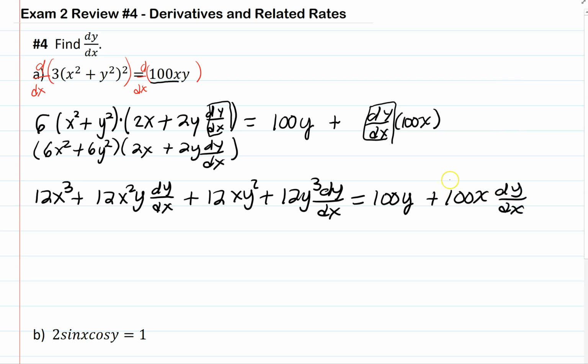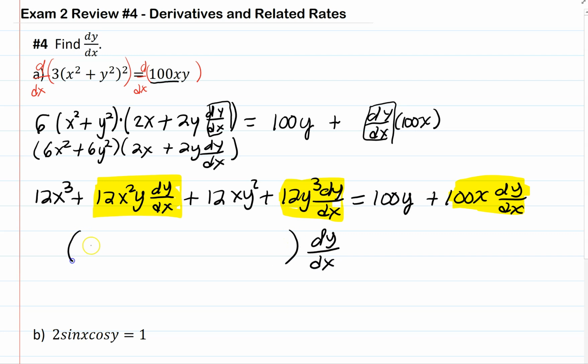Okay, so we notice the terms that have to do with dy dx, which would be this one, and this one right here, and this one here. We'll get those on one side, everything else on the other, and then we can factor out the dy dx, and I will go ahead and do that all together. Factor out dy dx.